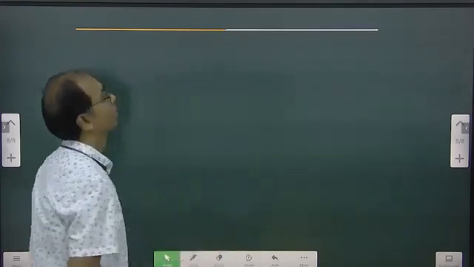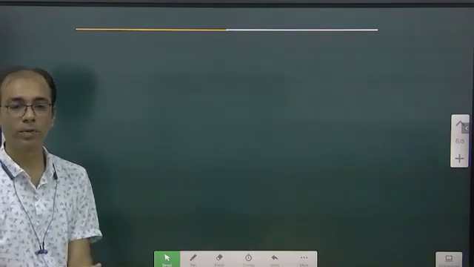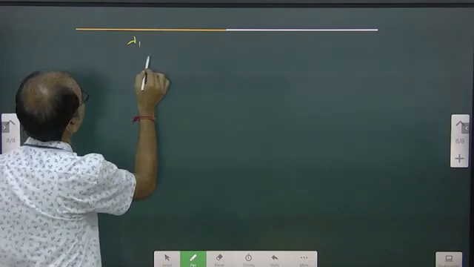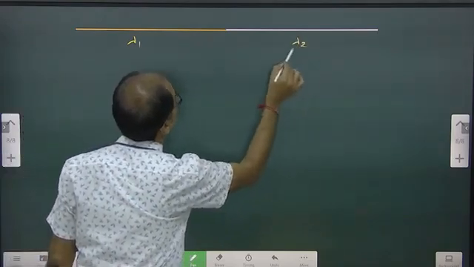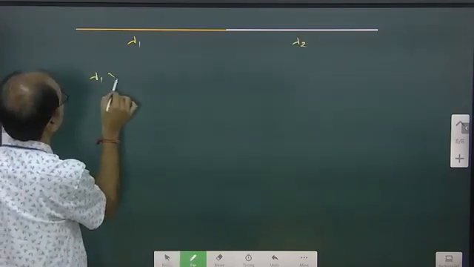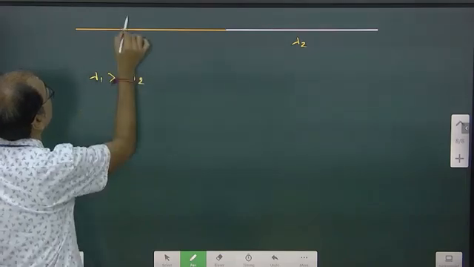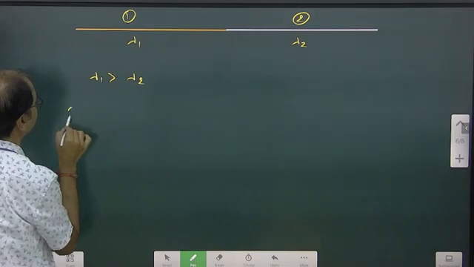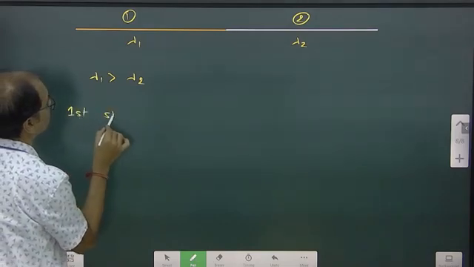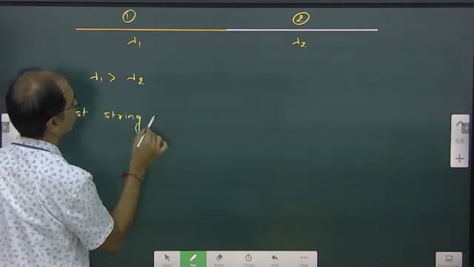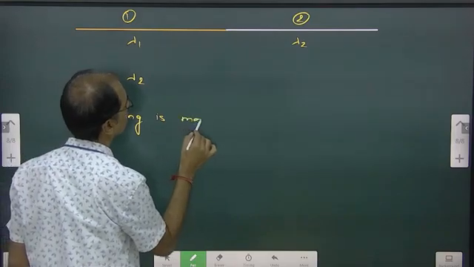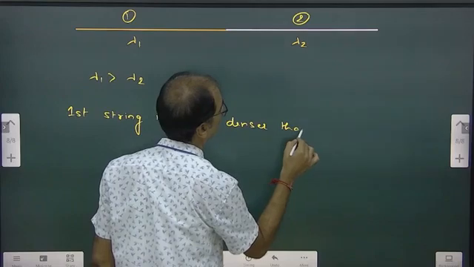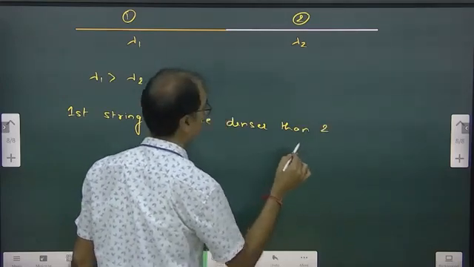Now this time lambda 1 is more. This is lambda 1 and this is lambda 2. So we are saying lambda 1 is more than lambda 2. That means our first string is denser than the second string.